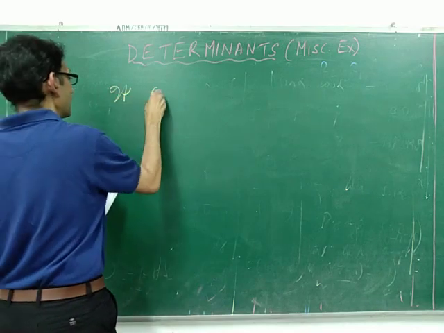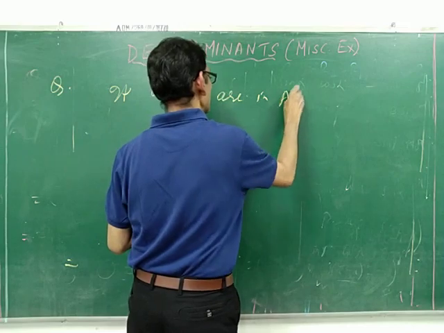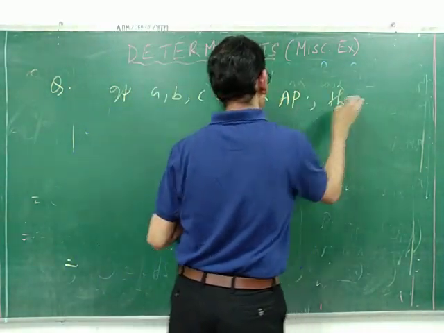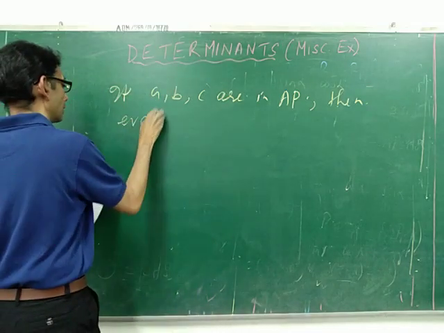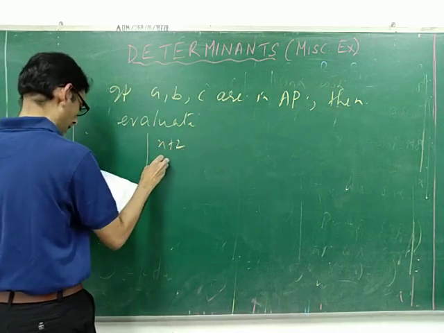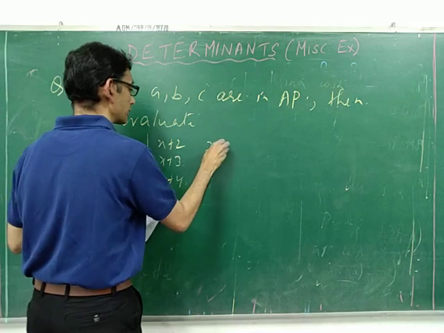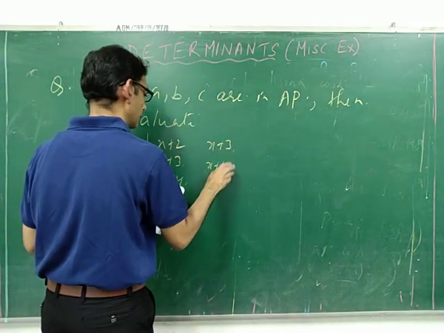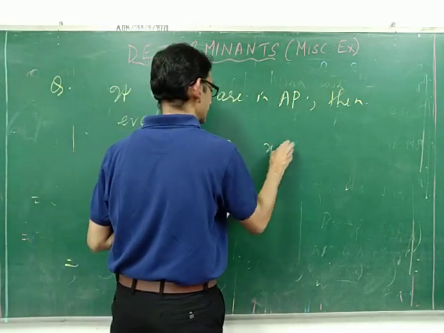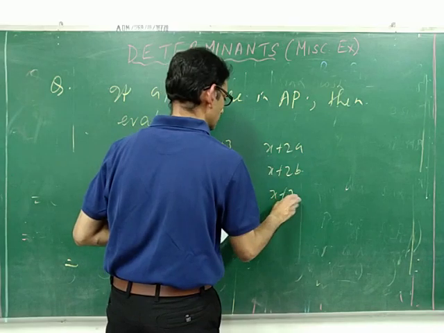If A, B, C are in AP, that is arithmetic progression, then evaluate the determinant with rows x plus 2, x plus 3, x plus 4; x plus 3, x plus 4, x plus 5; and x plus 2a, x plus 2b, x plus 2c.